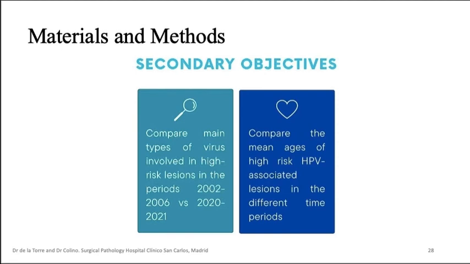We have compared the main types of virus involved in high-risk lesions in the periods 2002 to 2006 versus 2020 to 2021, and finally we have compared the mean ages of high-risk HPV-associated lesions in the different periods of time.